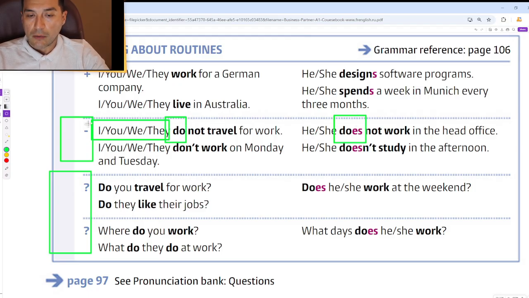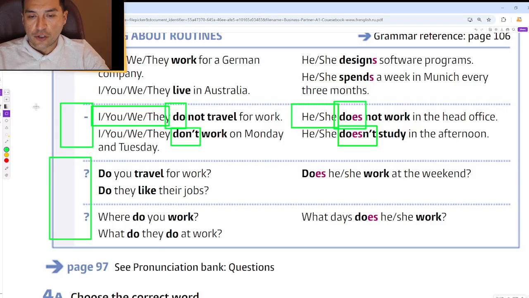For example, I do not, you do not, we don't, they don't. Negative formula, short version, contracted: do not, don't. We use does with he, she, and it. It does not, she does not, he does not. Contracted, doesn't. He doesn't, she doesn't, it doesn't.